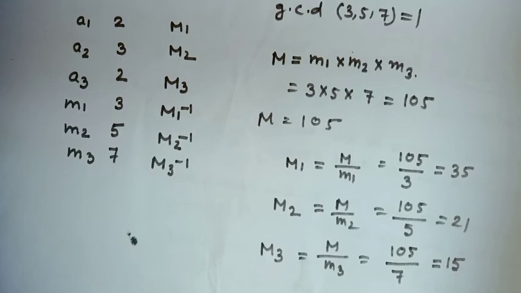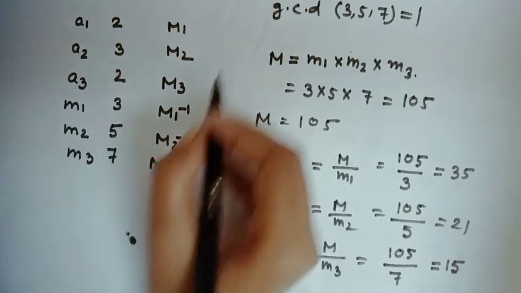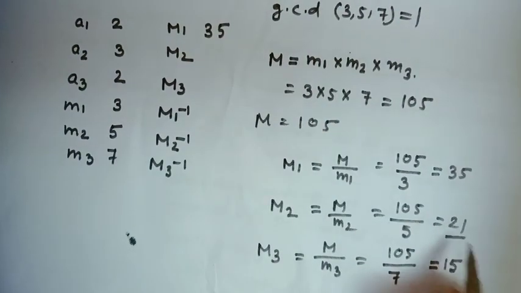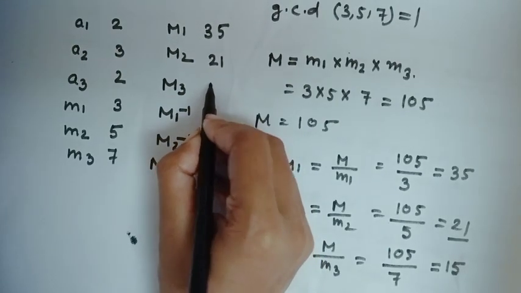So the value of M1 is 35, M2 is 21, M3 is 15.